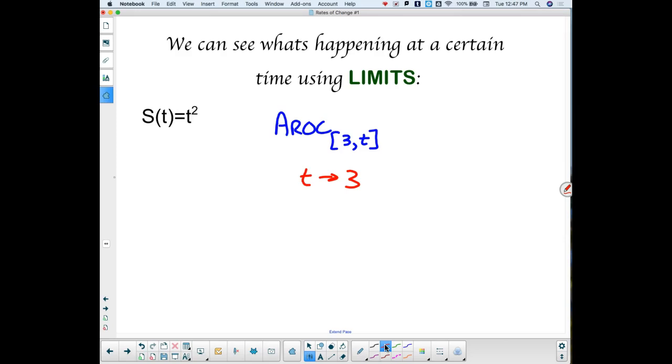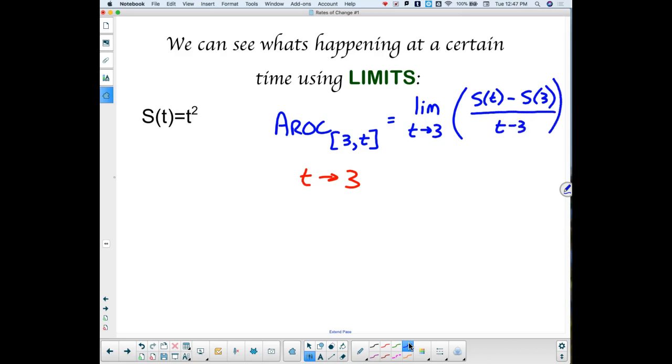Here I say that this is the limit as t goes to 3 of the AROC of this. Well, that's going to be S of t minus S of 3 all over t minus 3.